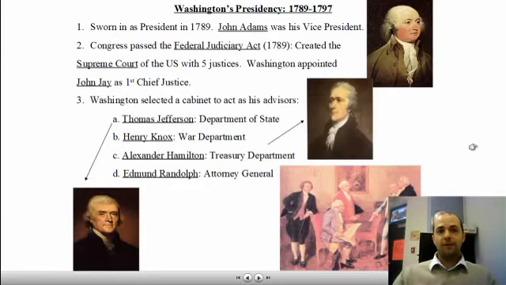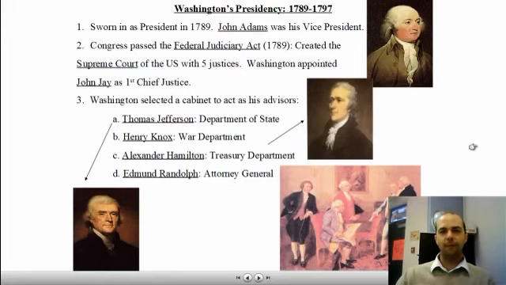Then Washington got to select his cabinet, who acted as his advisors. Those advisors were Thomas Jefferson in the Department of State, Henry Knox, the head of the War Department, Alexander Hamilton in the Treasury Department, and Edmund Randolph, who served as the Attorney General.